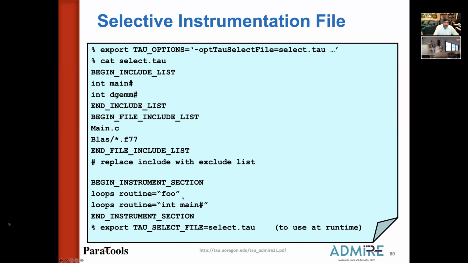You can specify which loops to instrument by specifying an instrument section in this selective instrumentation file. You can also do this instrumentation not at compile time, but at runtime, and choose the filter file like this. The only caveat is that if you are doing source instrumentation, it is more efficient to do the selection during compilation so that there are no hooks inserted in those functions that you want to exclude.